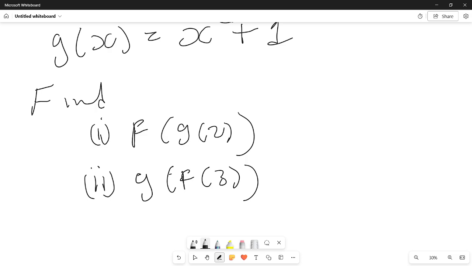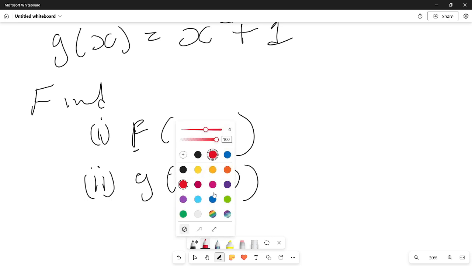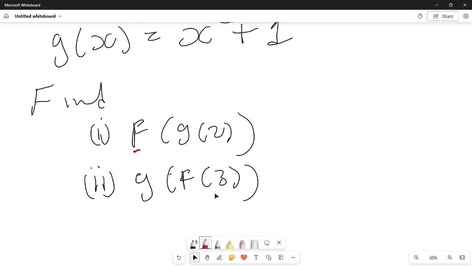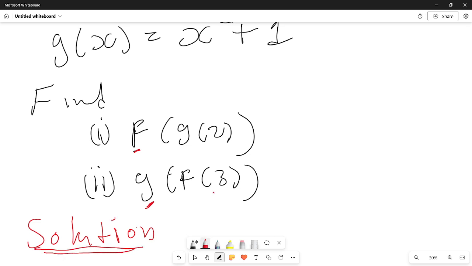So you should notice that in the first case, f is outside, and in this other case, g is outside. All right, so you can pause it and try them out and come back to see the solutions.